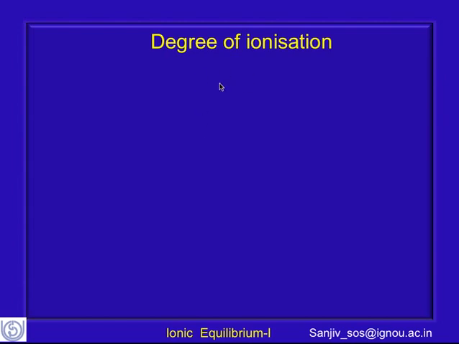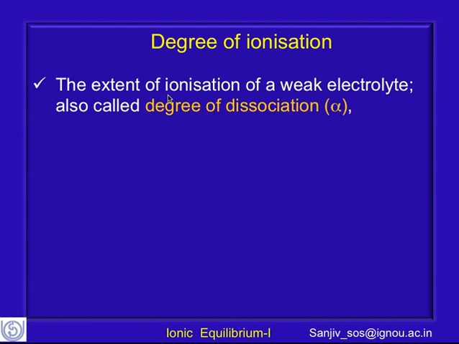It is the extent of ionization, that means to what extent the weak electrolyte ionizes. That is called the degree of dissociation or ionization. Both are used interchangeably here, because dissociation is the way it was defined initially. Nowadays, it's better to call it the degree of ionization, alpha.